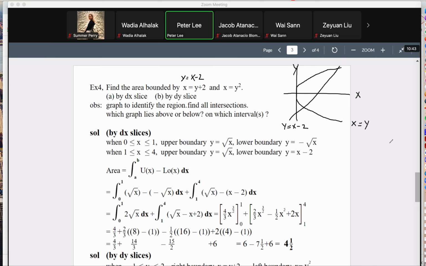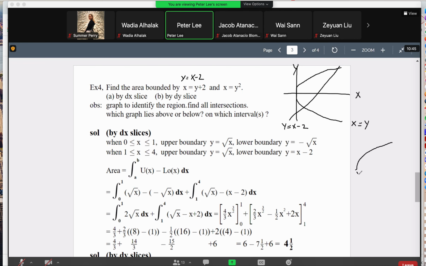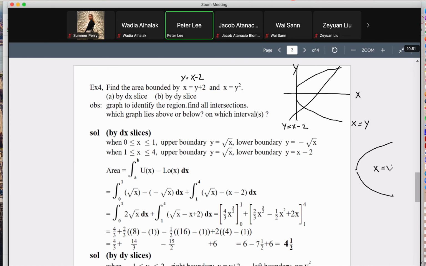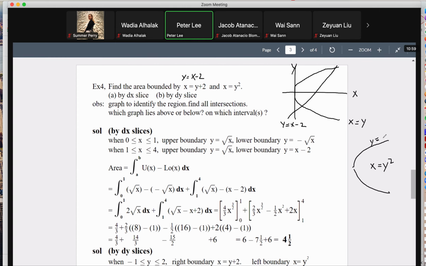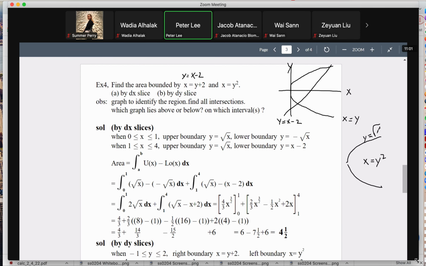Note that this graph and this graph put together make x equals y squared. But if you just pick the top half only, it is y equals square root of x. The bottom half is y equals minus square root of x.